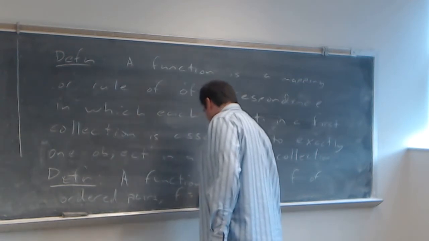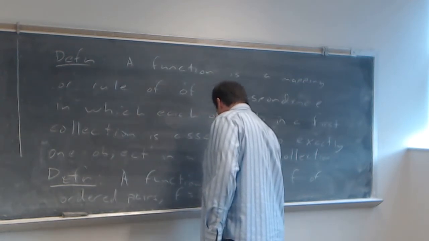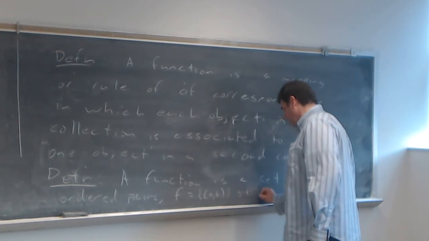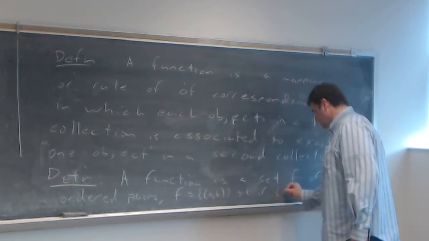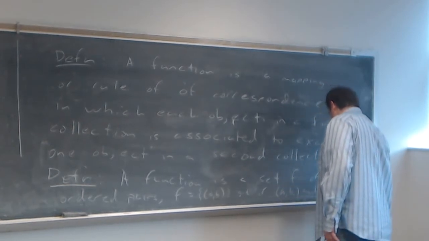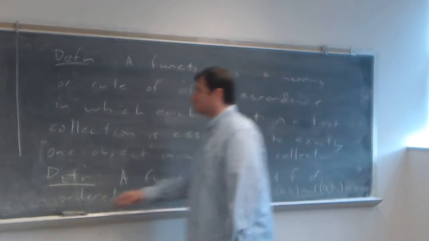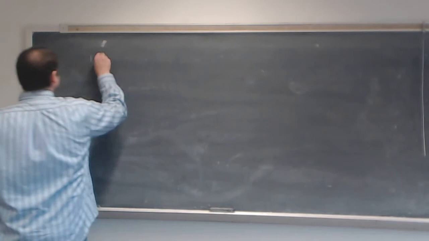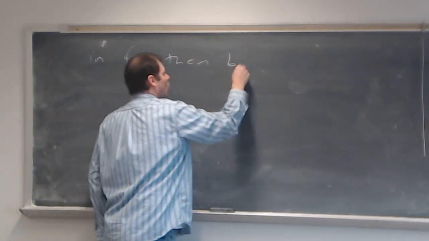F is equal to the set of (a, b) such that if (a, b1) and (a, b2) are in F, then b1 has to be equal to b2.